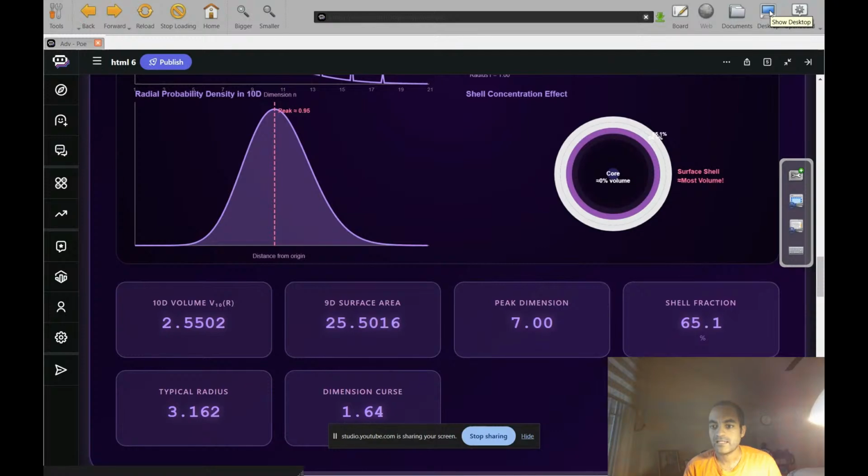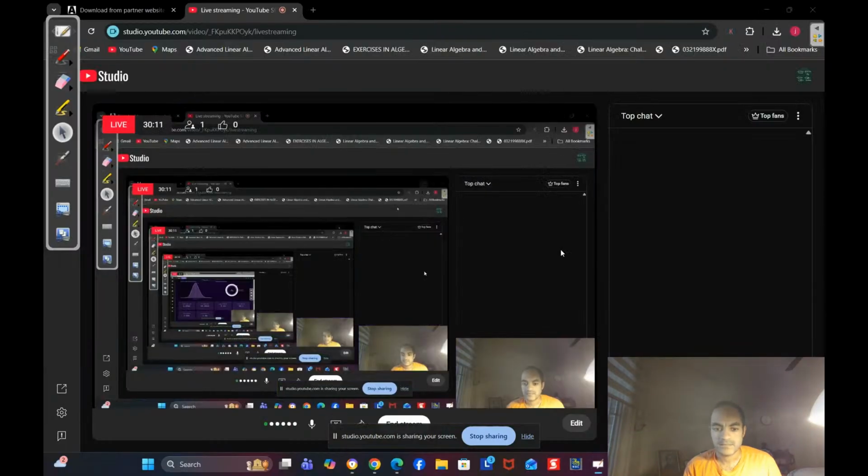Let's see if anyone knows here. It's a very interesting bell curve, but what does it represent? What does it mean? What type of distribution? Hint, hint, distribution.